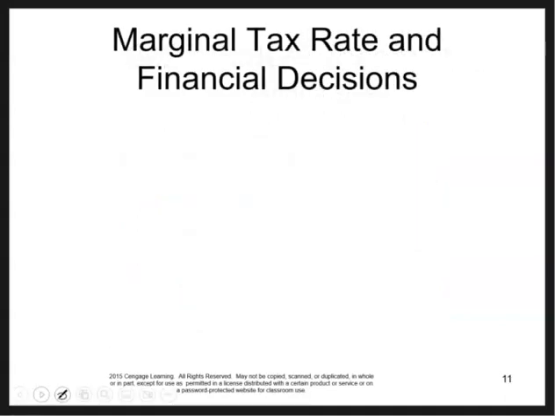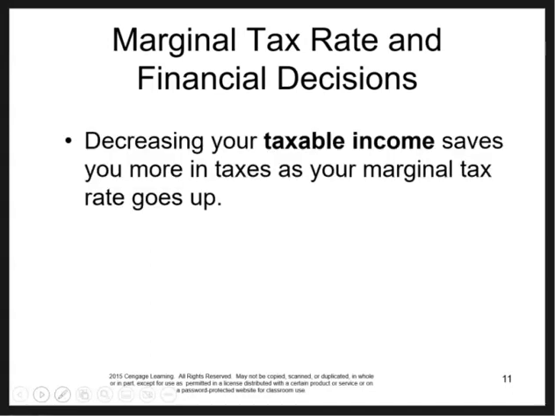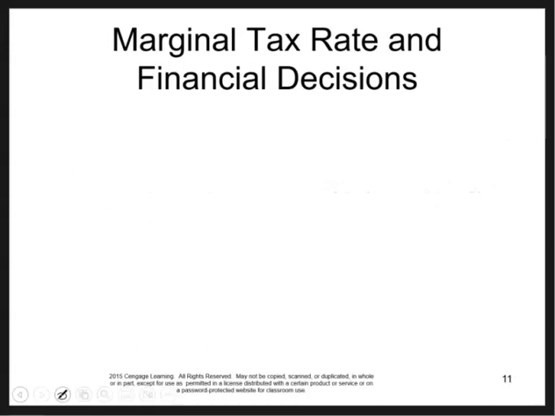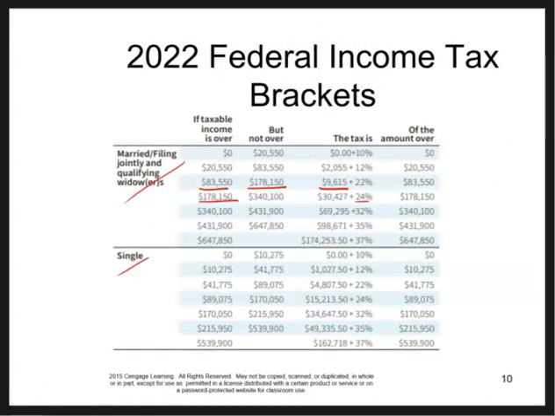So, marginal tax rate and financial decisions. I touched on this earlier. Decreasing your taxable income saves you money in taxes as your marginal tax rate goes up. Additional taxable income will cost you more in taxes because your marginal tax rate goes up. As we saw, go back to the schedule. These are the marginal tax rates.